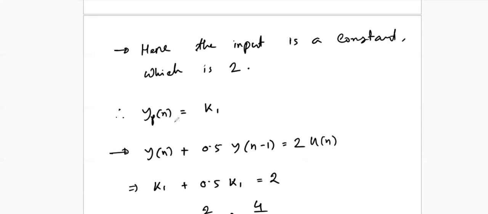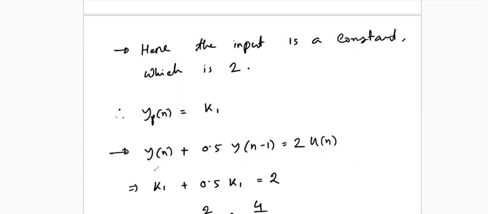You can also take it like k1 un. That is more logical. Because the input is a pattern of 2 into un, you can also take ypn equal to k1 un.